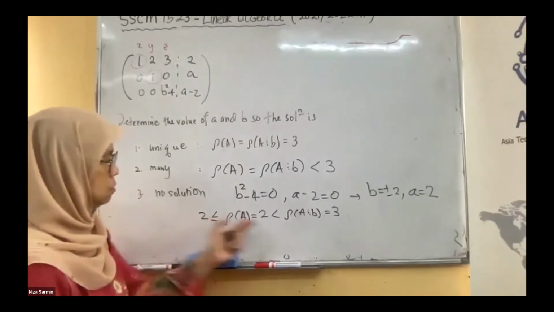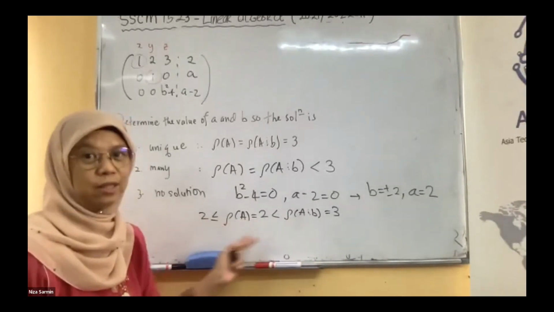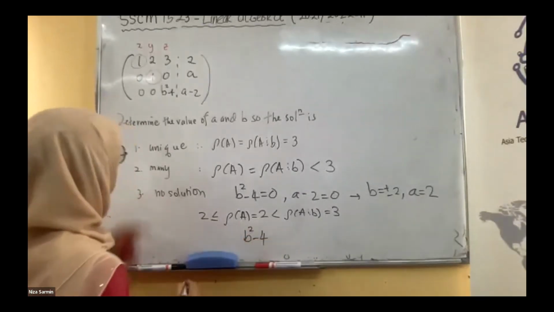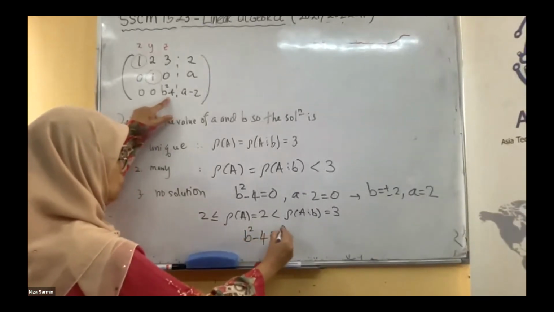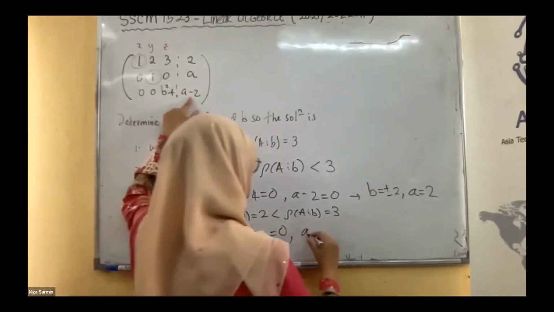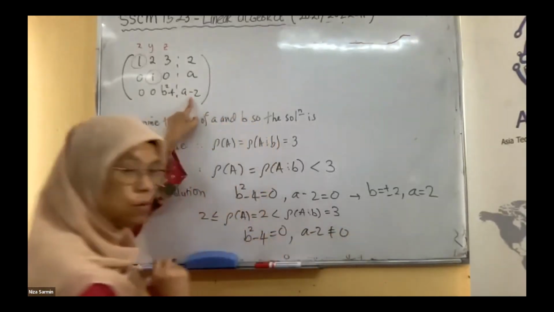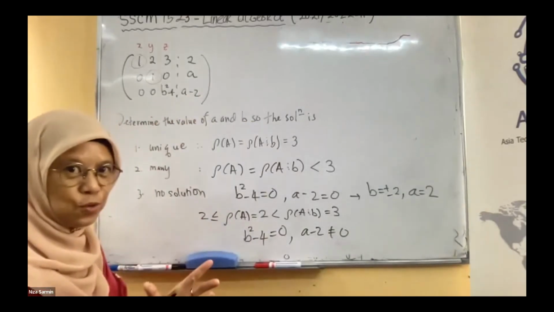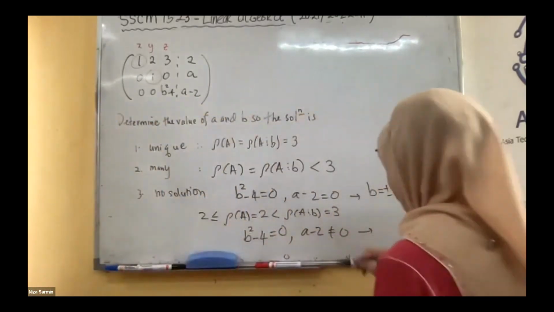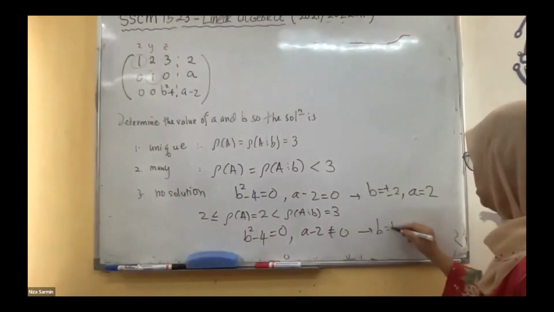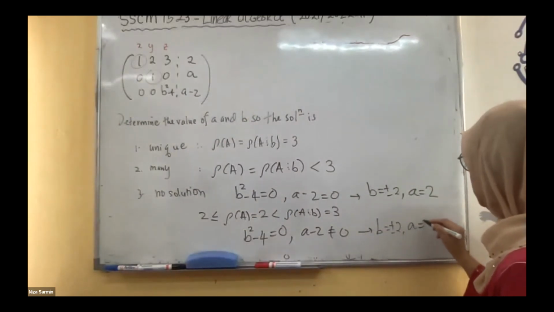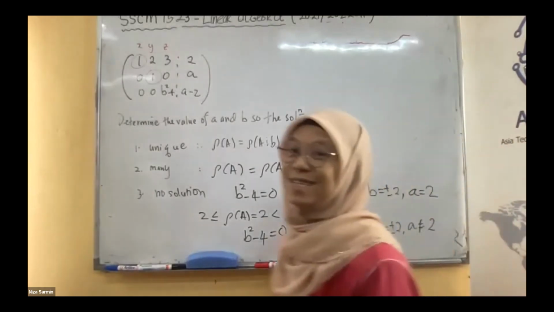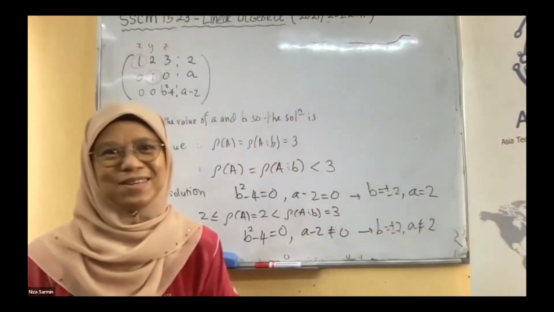So you don't need to worry and write this, but just come up with if b squared minus 4 equals 0, and a minus 2 cannot be 0. Okay, cannot be 0. So you have 0, not 0. This will give b is plus minus 2, a is not 2. So that is the answer of this 3.